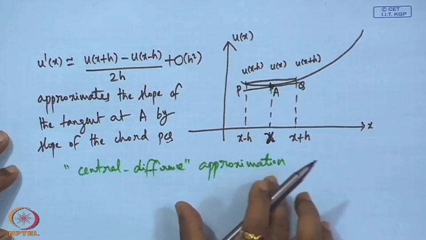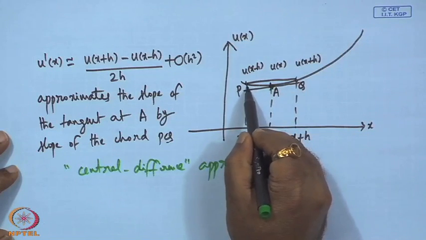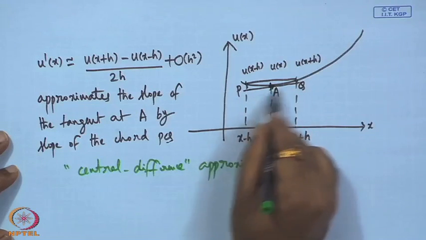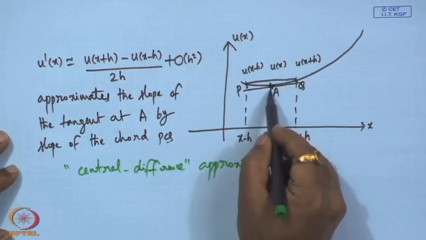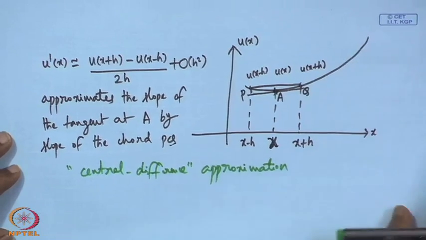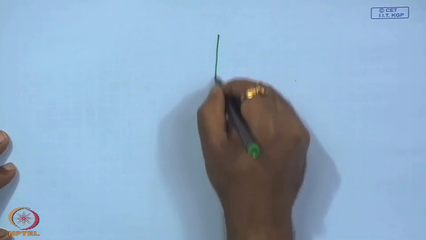Okay. So, you are using a next point here and a previous point here. So, the difference is, so this is for equidistant. Okay. So, the same can be generalized.